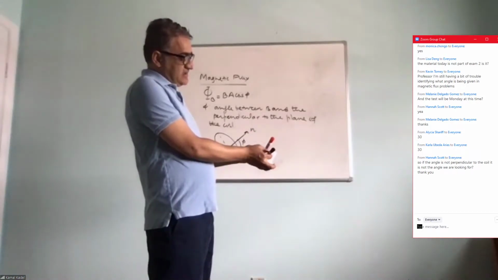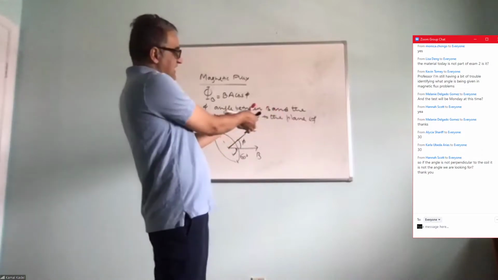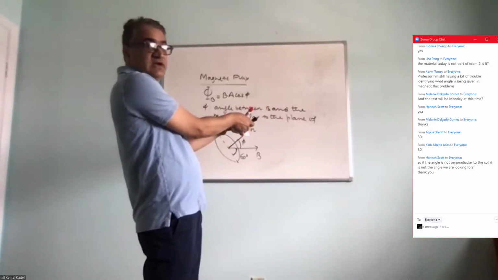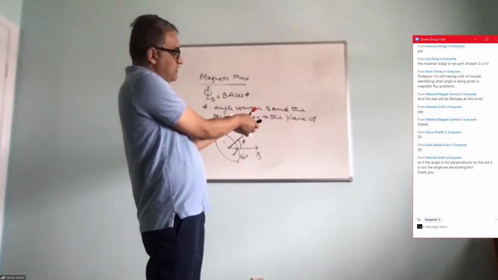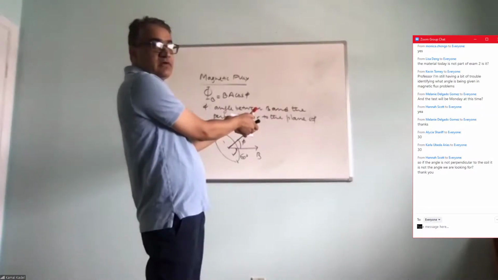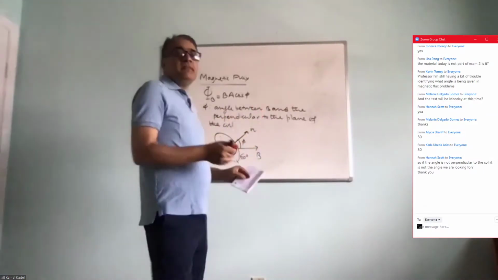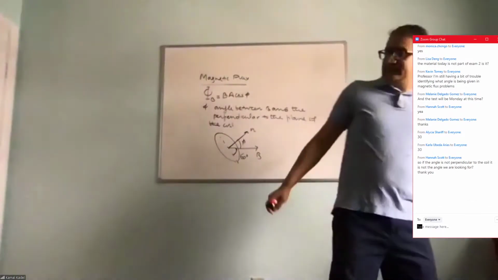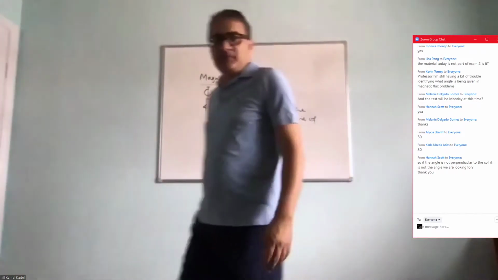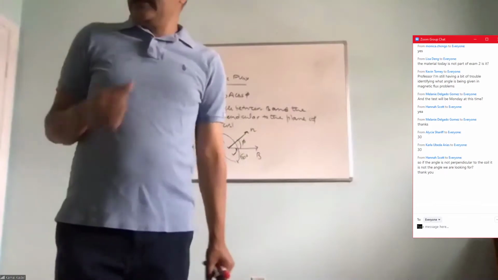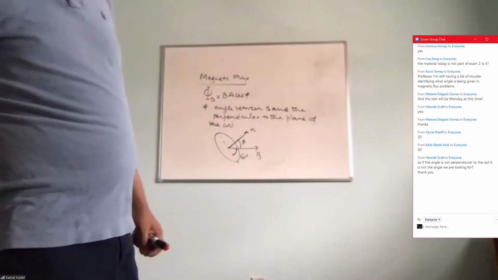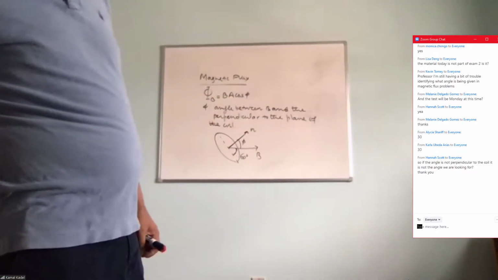This angle that I'm showing right now, below here, is not the angle we are looking for. This angle is the angle that B makes with the coil. So we always look for the angle that the magnetic field makes with the normal.